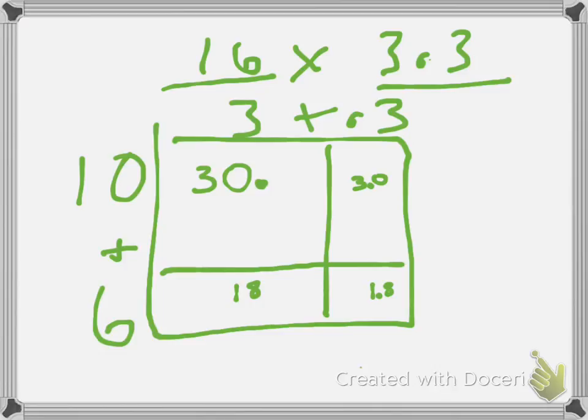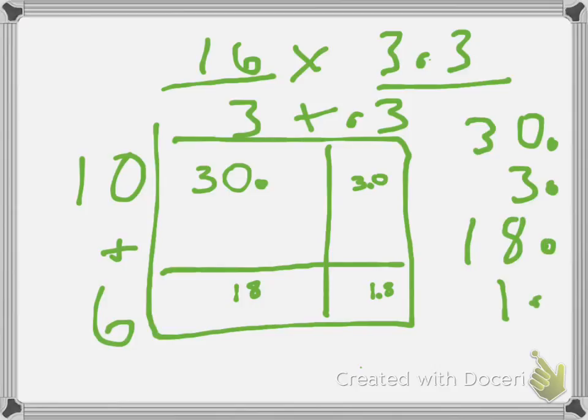So the next thing you're going to do is add them all up together. Write down 30, and make sure you line up your decimal, plus 3, plus 18, with a decimal behind it, and then 1 and 8/10. All right, and then you can just fill it in.